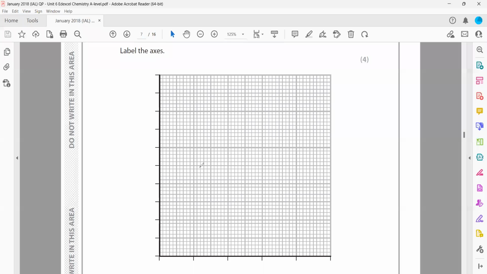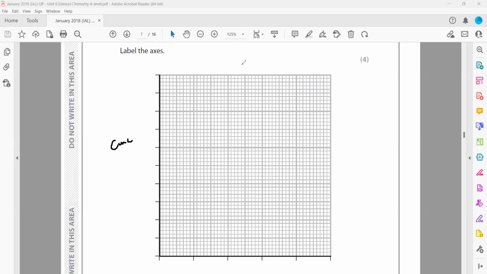Usually, it is zero order with respect to iodine. So when we plot a graph between the concentration, or the volume of sodium thiosulfate, because the amount of sodium thiosulfate reacting depends on the amount of iodine present.